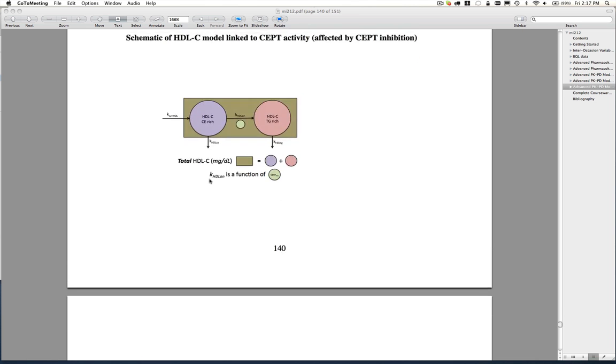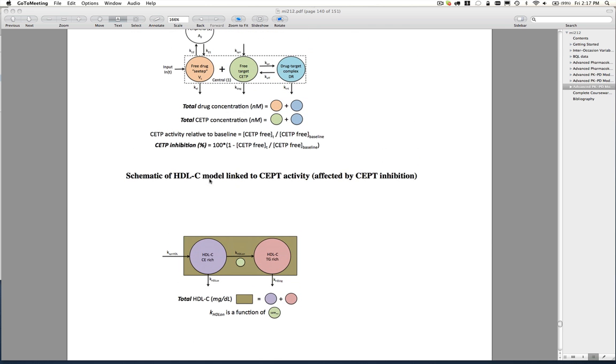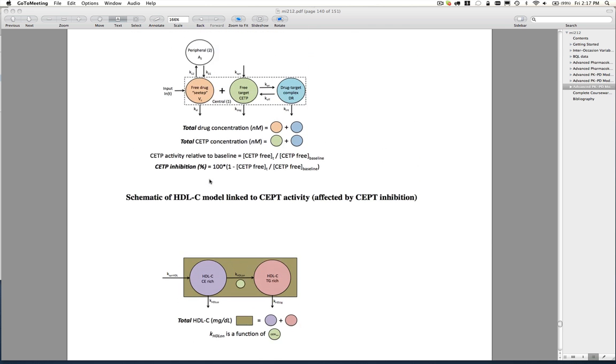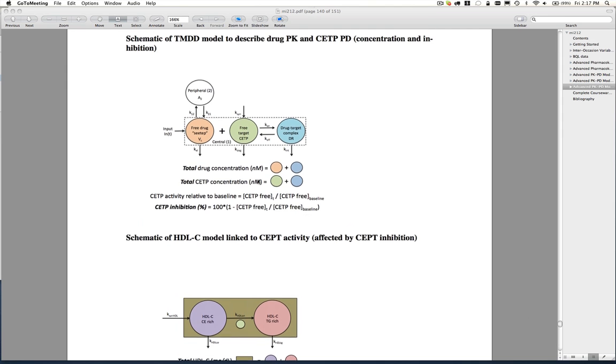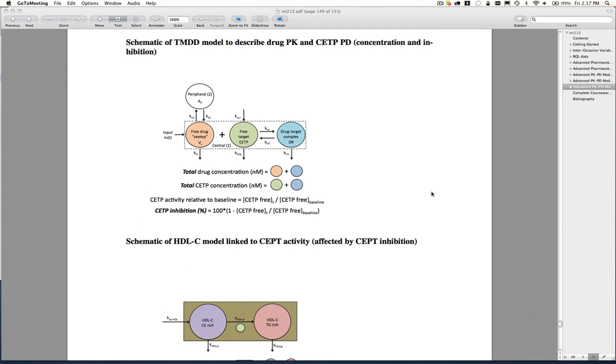I do see we got a couple of questions posted here. So before we get into the code that describes this system, let me take a look here for a minute at the questions.